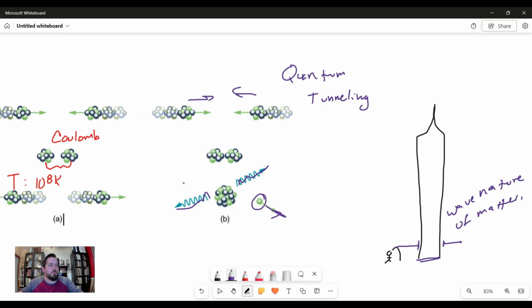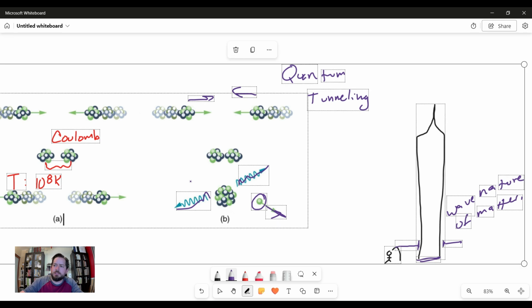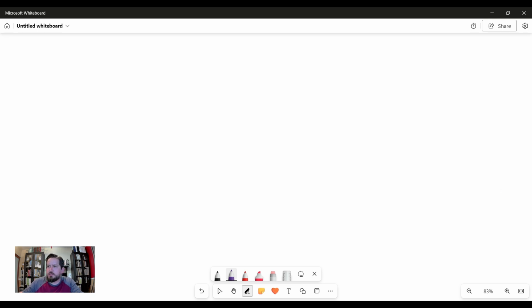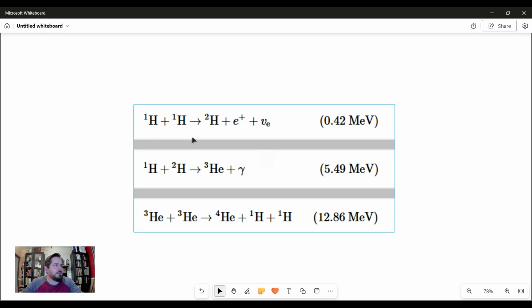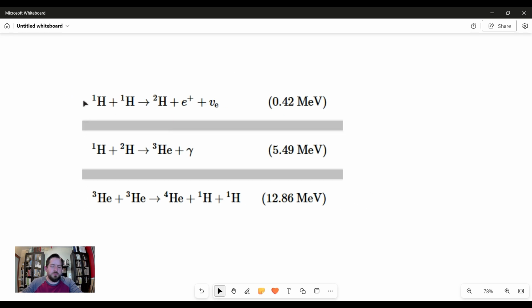What happens depends on the reaction. There are a few reactions here in the book. I'll just steal and post here. I've got a hydrogen, a simple hydrogen, just a proton, that slams into another proton and tunnels in.